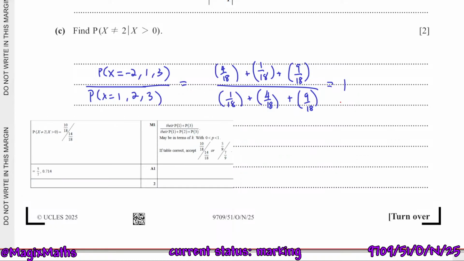Right, so this one, it's x is not equals to 2, given that x is greater than 0. But it says here that there are P1 and P3, 1, 2, 3.